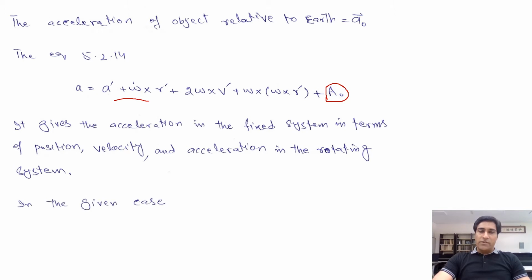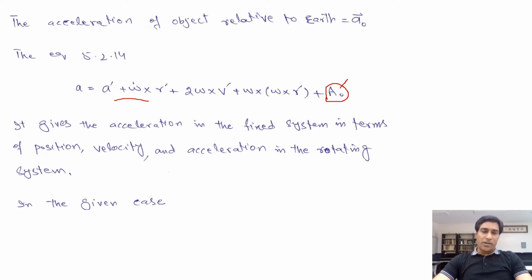So in the given case, by adding this a naught term in this equation, we get the general equation for transferring from the fixed system to the moving or rotating system.